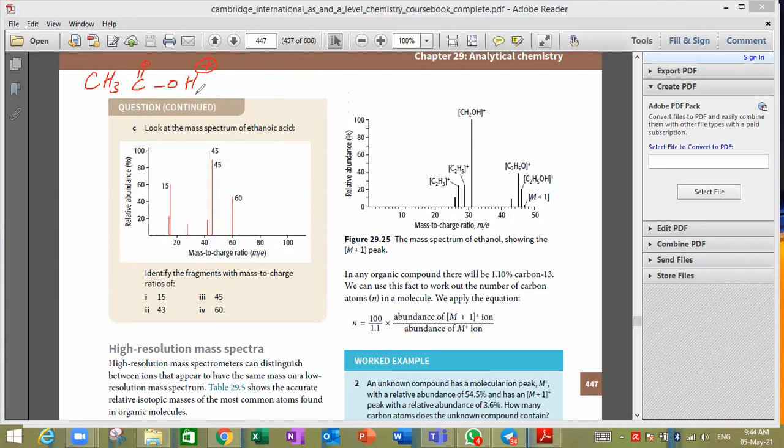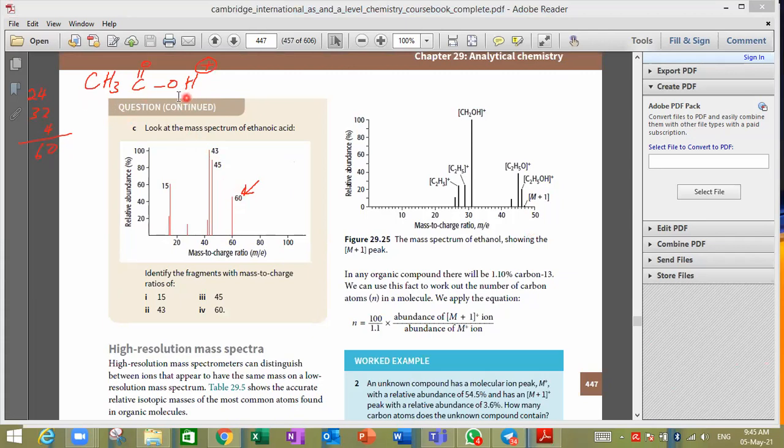If you calculate it, 2 carbon atoms, 24, 2 oxygens, 32, and 4 hydrogens, altogether we get 60. That's why we got this peak at 60, which corresponds to the positive ion of the whole molecule, which we called before the molecular ion peak.